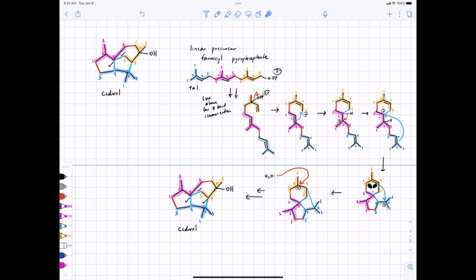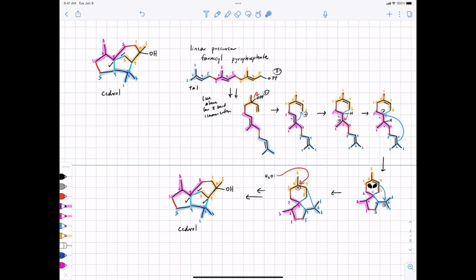So, at the end of your chapter, there are a ton of strange looking natural products, in terpenes and terpenoids at the end of your chapter. Even if they don't ask you to draw the mechanism, it might be worth playing with some of these examples to see if you can come up with a mechanism that would lead to the products.